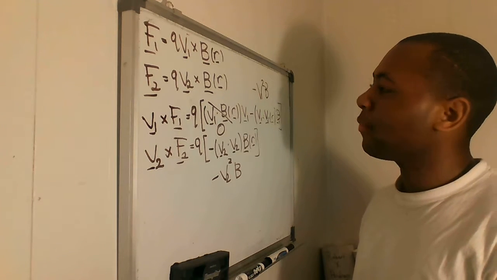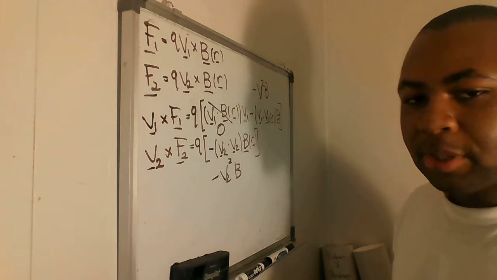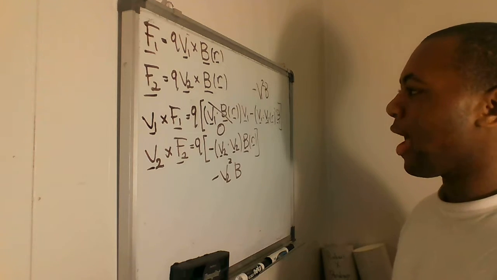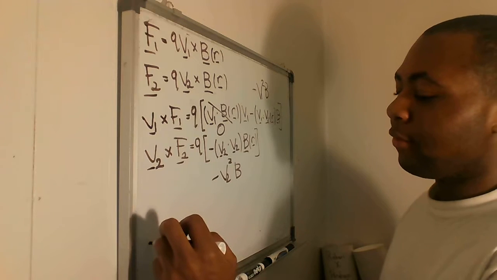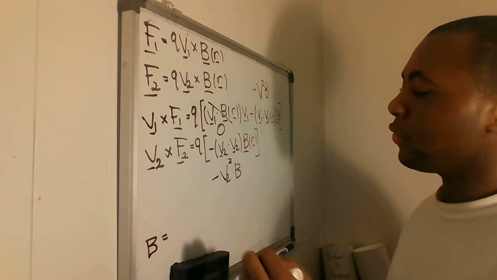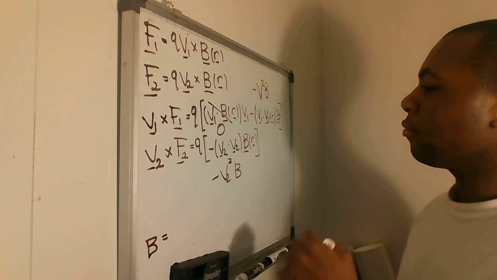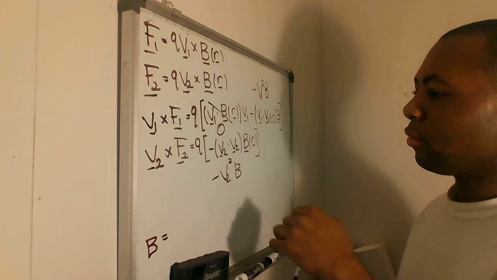What do we do next? Well, Rich, like we said, we had to get b by itself. Well, we kind of have that, don't we? We have that b is the sum of these two things, right?